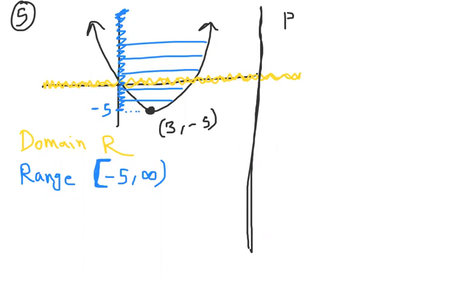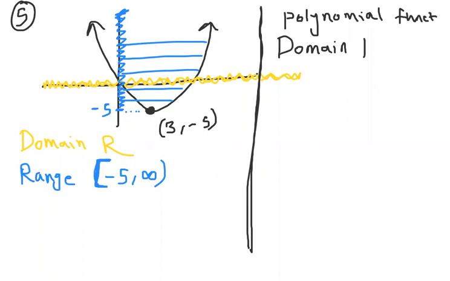The polynomial function always has a domain R without condition. Without condition, I mean, if I give you, for example, f of x equal x cubed, what is the domain?